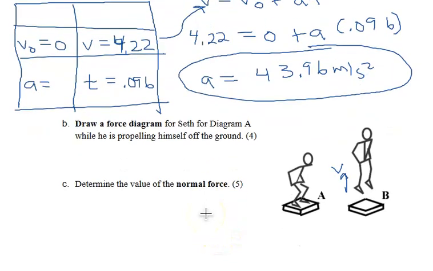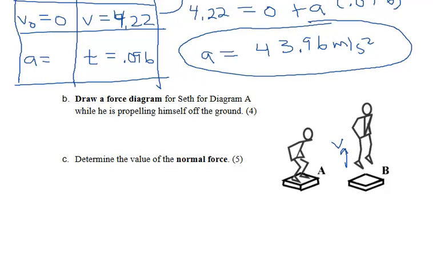Okay, draw a force diagram for Seth as he's propelling himself off the ground. I chose to give this one to you as the practice because I think it can be kind of tricky. So again, let's use our checklist. We must never forget this. He absolutely has weight. Everything has weight.